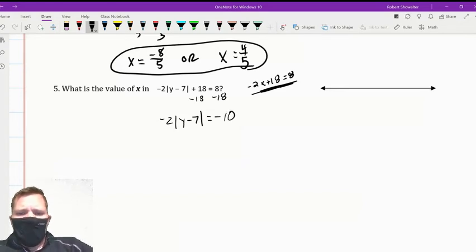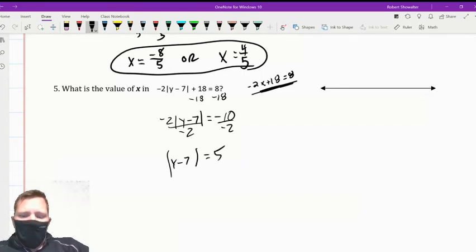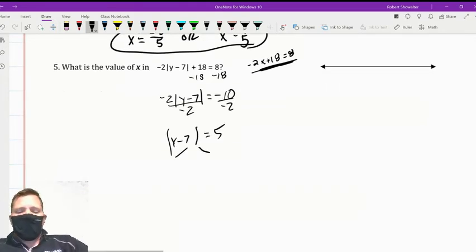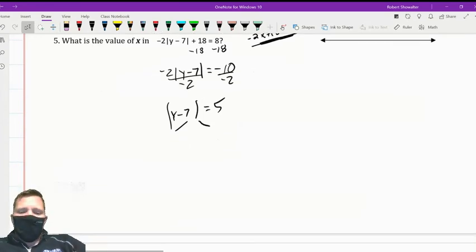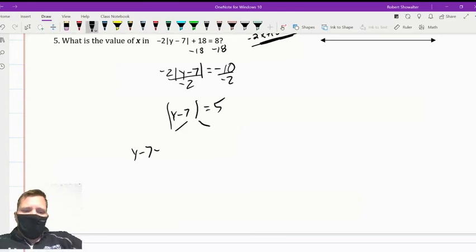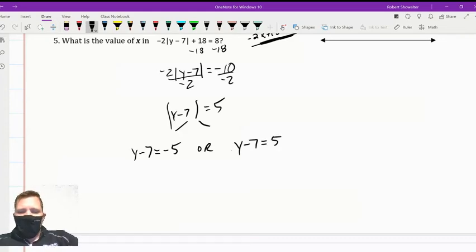It equals negative 10, and then we divide both sides by negative 2, and we get the absolute value of y minus 7 equals 5. Now we can split this. Absolute value is distance from 0, but only when the absolute value is by itself can we split it. Distance from 0 represents 2 different sides of the number line: the negative way of getting the distance, and the positive side.